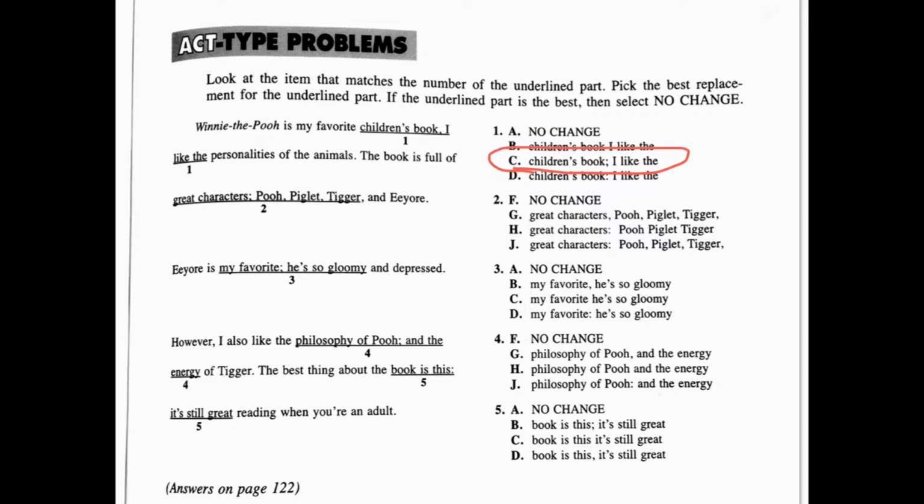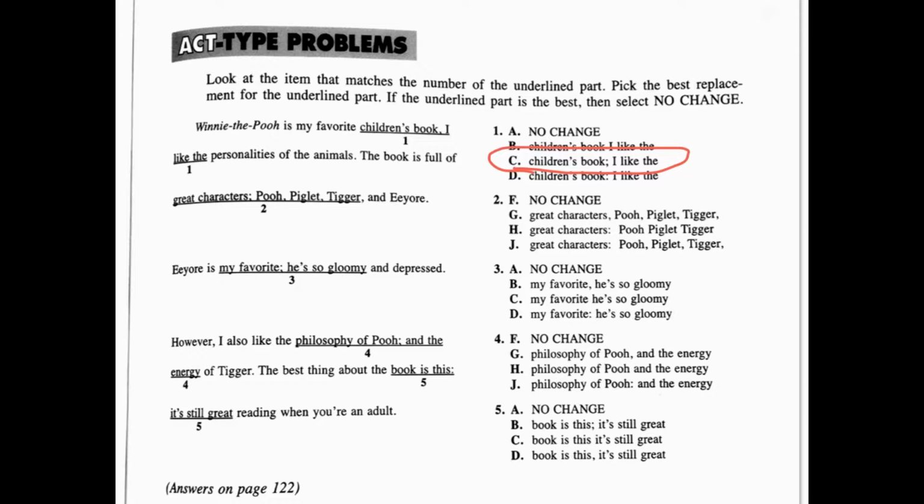Let's look at number two. The book is full of great characters. Pooh, Piglet, Tigger, and Eeyore. Now, the problem is, the book is full of great characters. That is an independent clause.